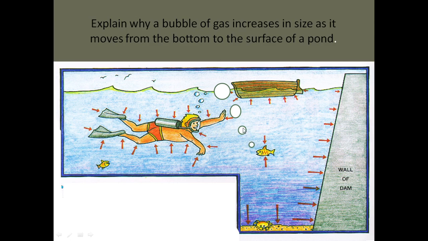But the more the bubble moves upward, the pressure acting around it will decrease, until it gets to the top. At the top, the pressure is low compared to the bottom, so the bubble is bigger because we don't have much pressure acting from all sides like what we have below.